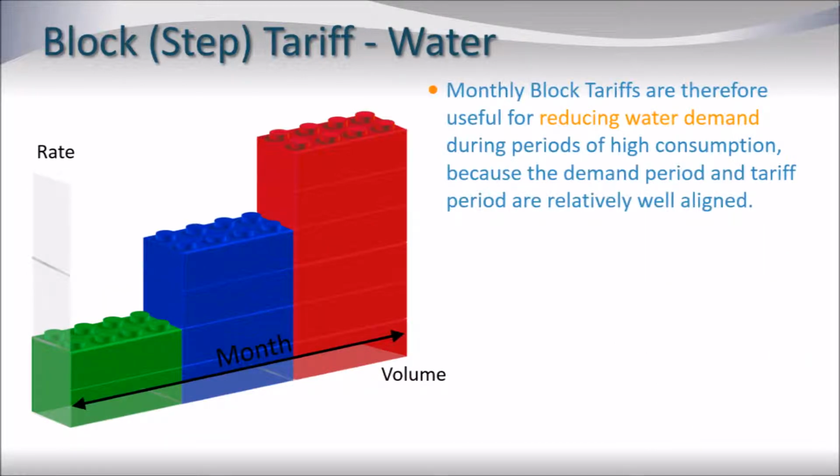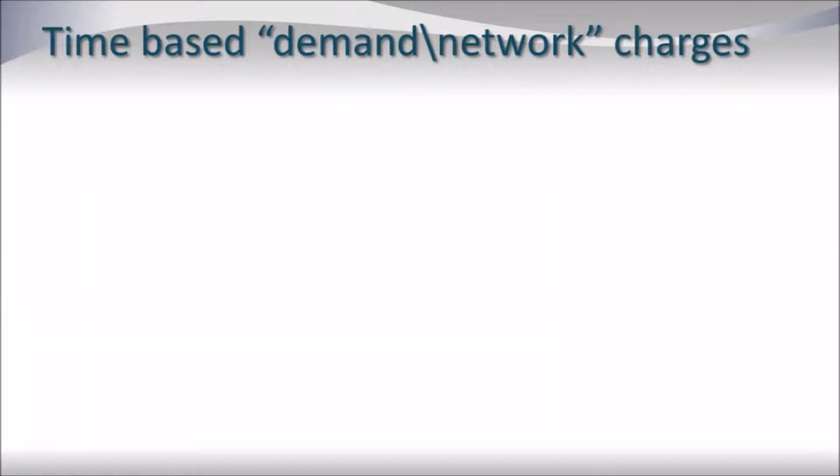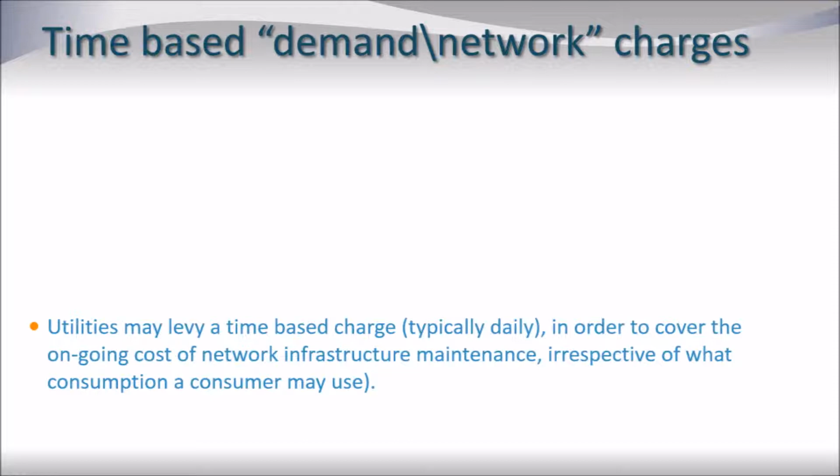Monthly block tariffs are therefore useful for reducing water demand during periods of high consumption because the demand period and tariff period are relatively well aligned. Earlier I mentioned threshold fixed charges, but also time-based or demand network charges are also very popular with utilities.